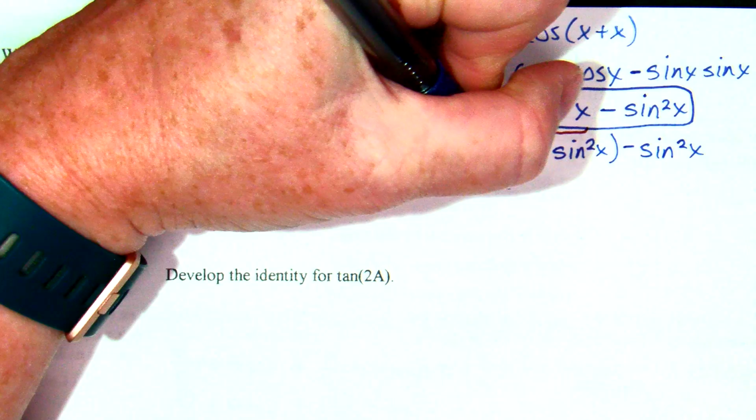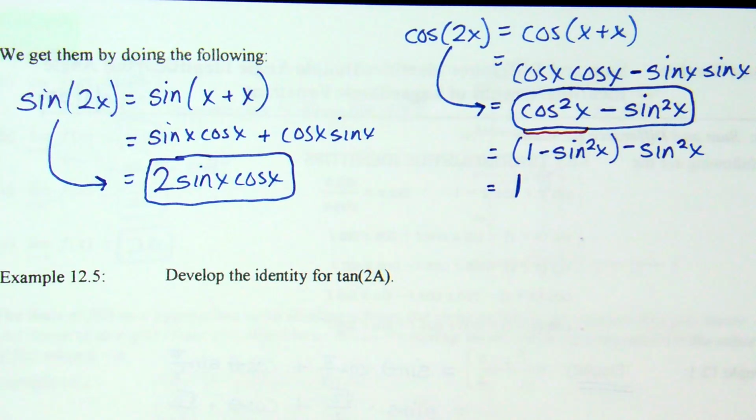It's going to be negative 1 minus 1 makes it minus 2 sine squared x. So I now have 1 minus 2 sine squared x. Guess what? That's another one of my double angle identities.